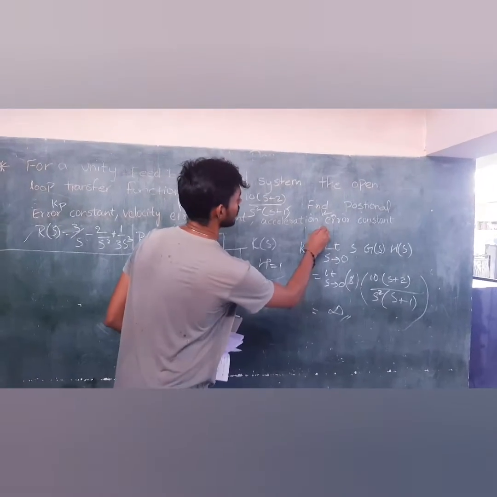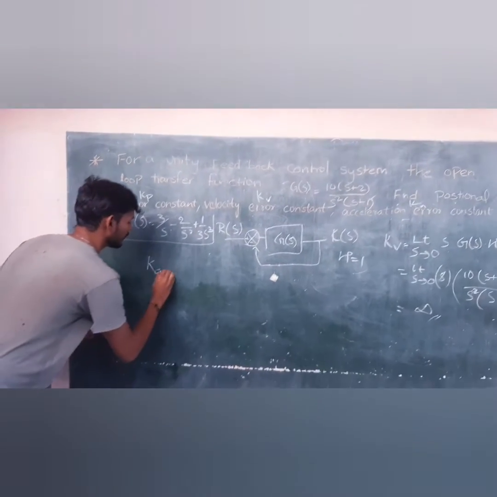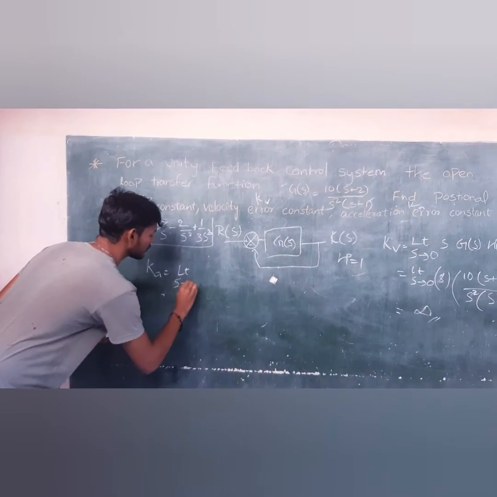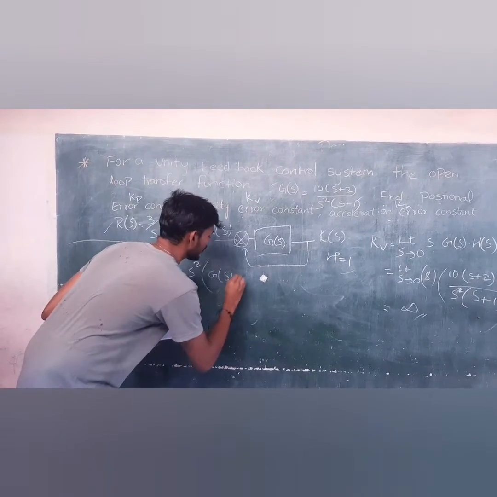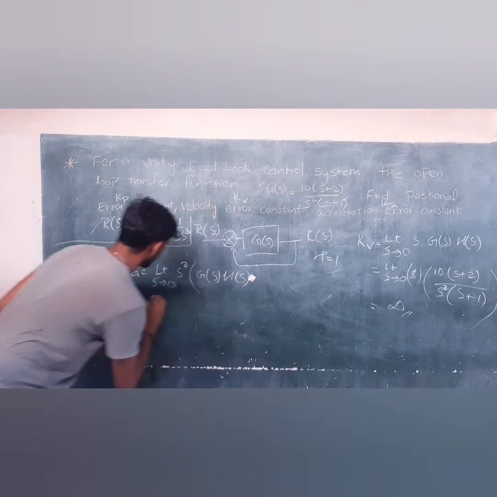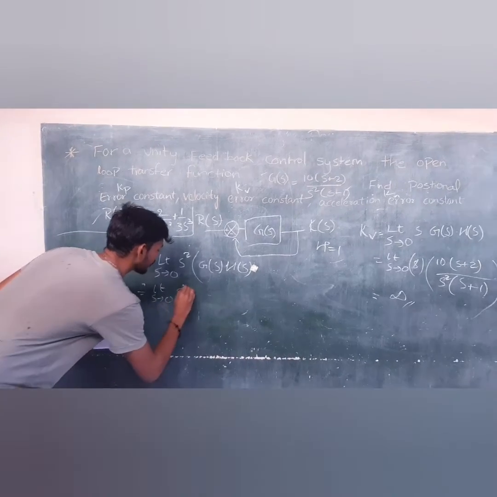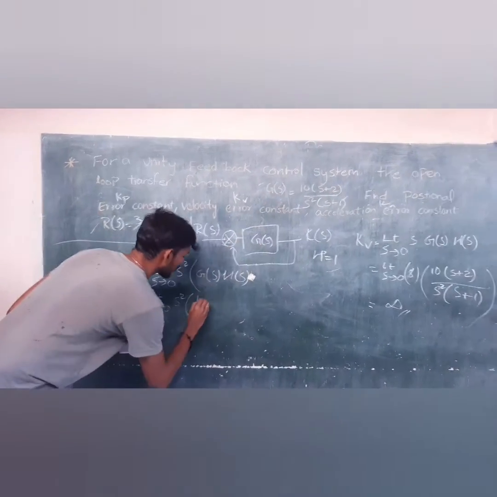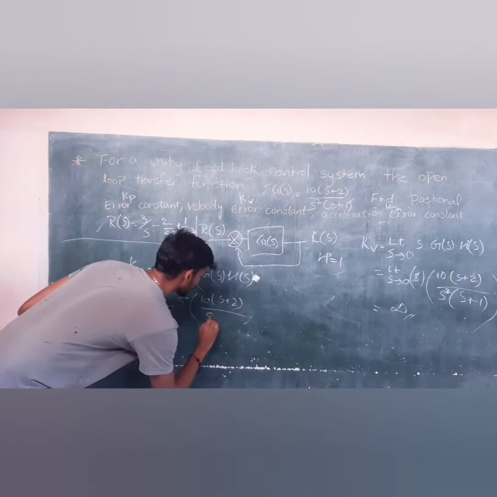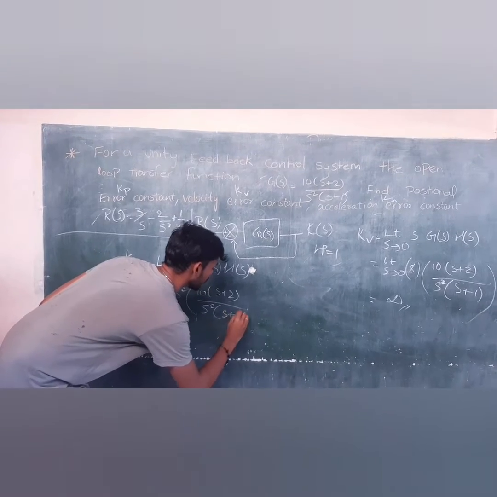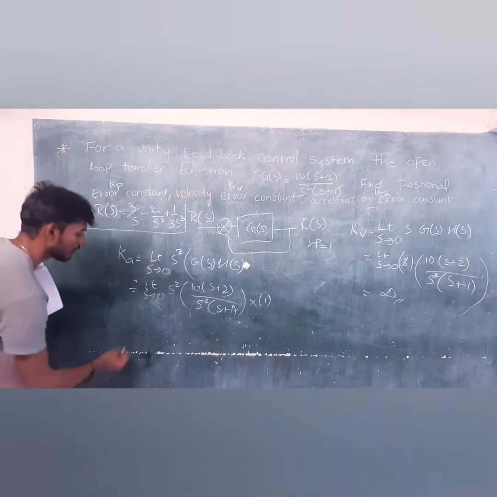Now the final one, Ka, the acceleration constant. Ka equals the limit as s tends to 0 of s²·G(s)·H(s). Here s²·G(s) is s² times 10(s + 2) / (s²(s + 1)), and H(s) we already know equals 1.